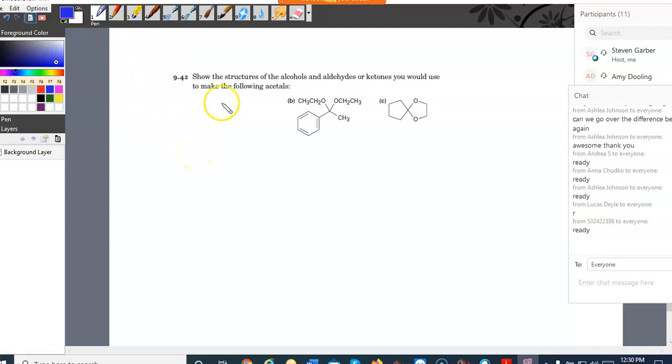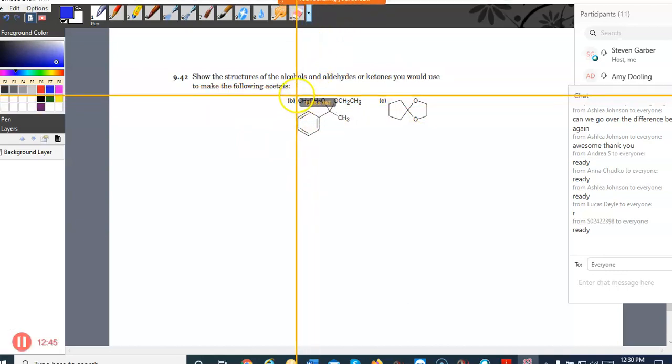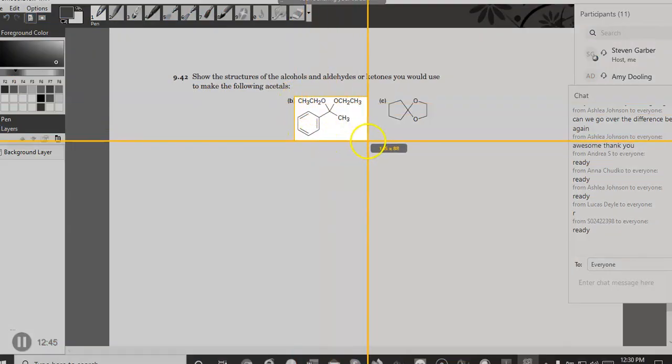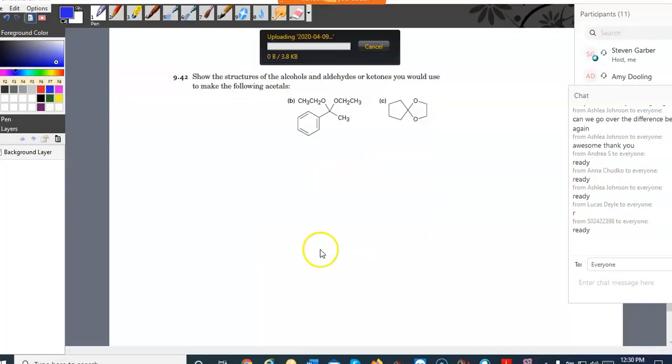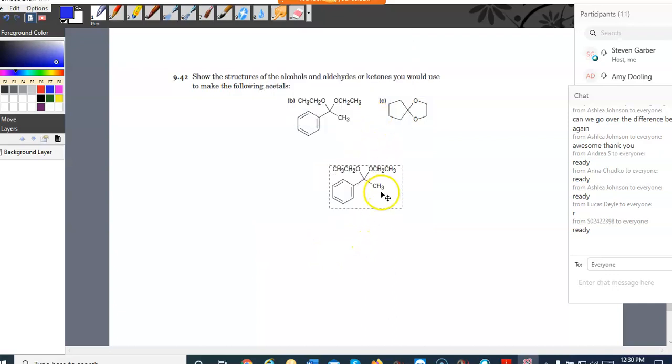Show the structure of the alcohols and aldehydes or ketones that you would use to make the following. So these are your products. Here's your product. Show me what you start with in order to make that. And the same thing for the one below it. Here's your product. Show me what you use to make it.